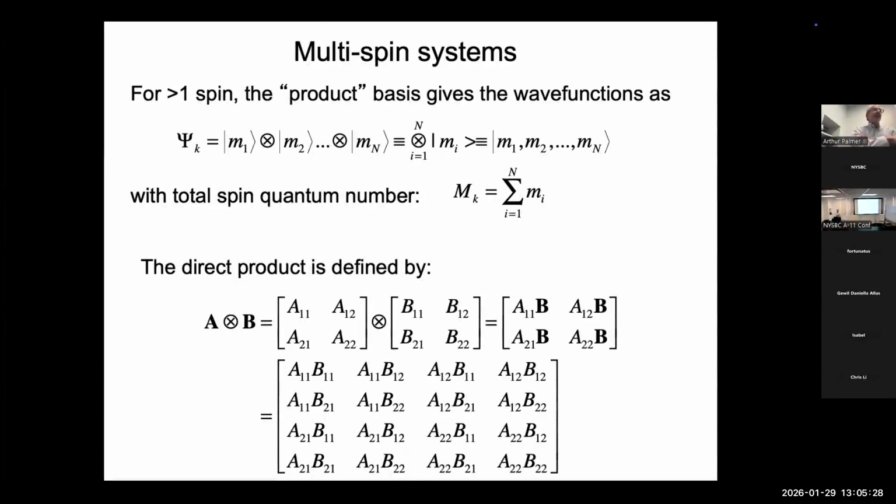So now we have to generalize to additional interactions. We're done with a single spin, except for relaxing.